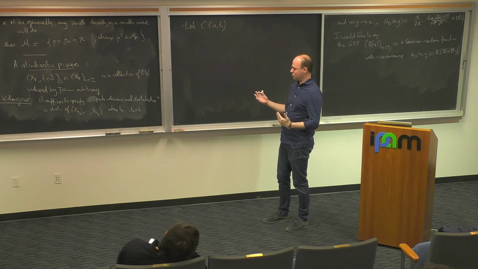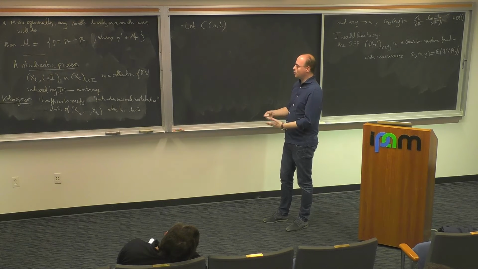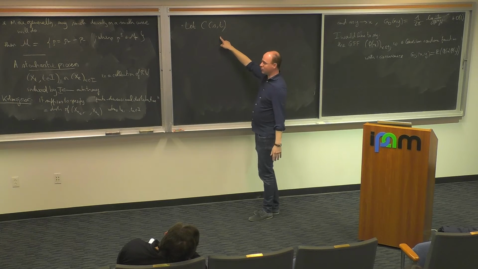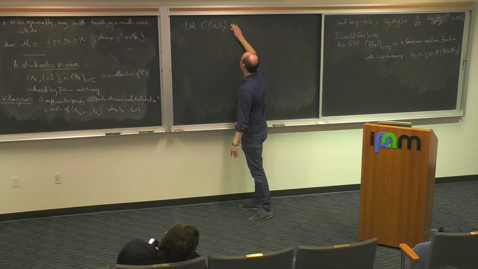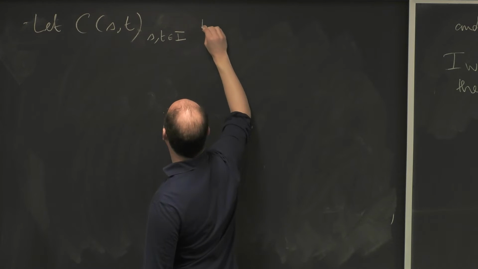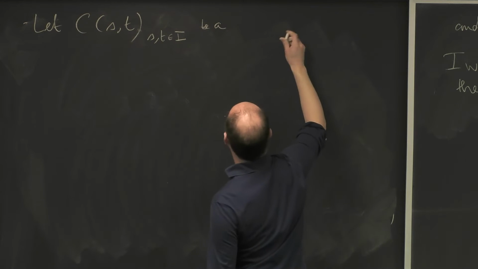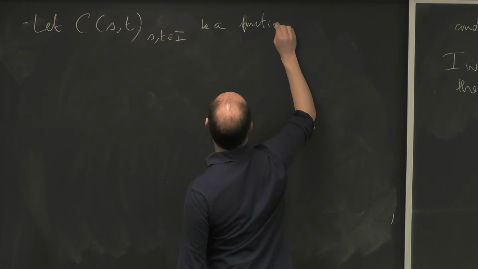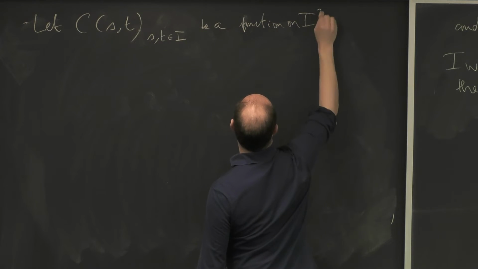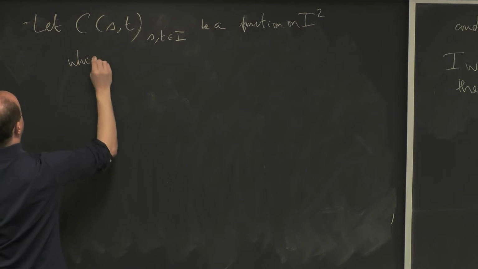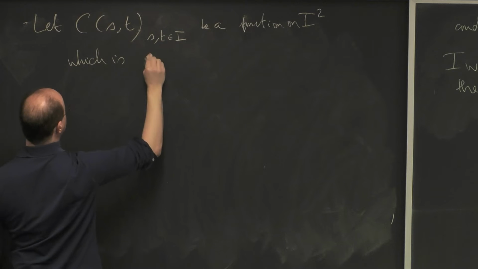So specifying a Gaussian stochastic process indexed by I is reduced to specifying a covariance function C(S,T), where S and T are in I, a function on I squared. All I need from it is that it's positive definite.